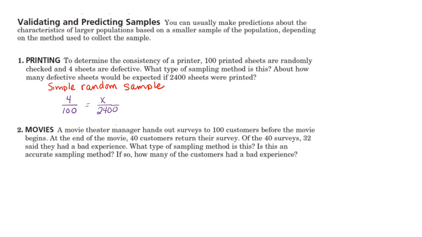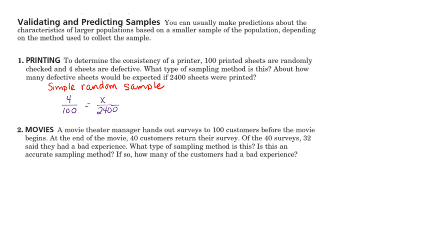I'm going to use a proportion to do this. 4 out of 100 were defective, so how many out of 2,400 can I expect to also be defective? Defective over total: 4 out of the sample of 100, and x over the population.